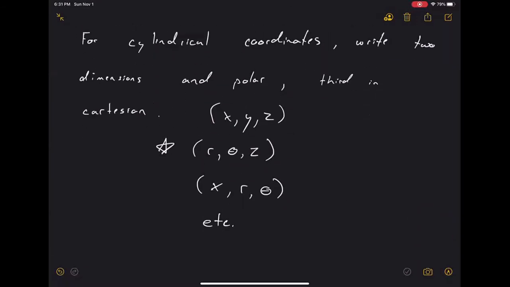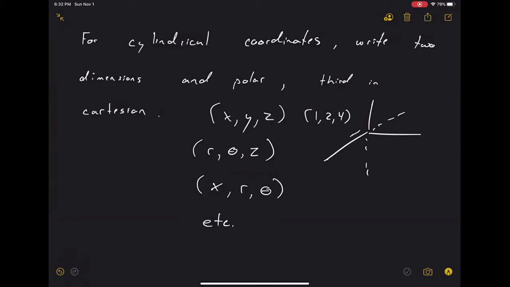Okay. So what's going on here? Have we just changed the names of the variables? No, not really. Let's start with what x, y, and z, our Cartesian coordinates, are. If I have a point in x, y, z, like 1, 2, 4, what is that point in Cartesian coordinates?